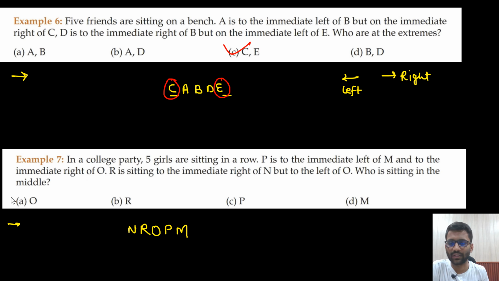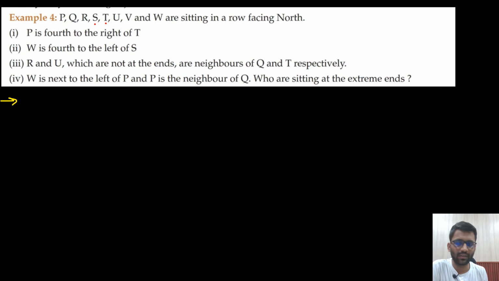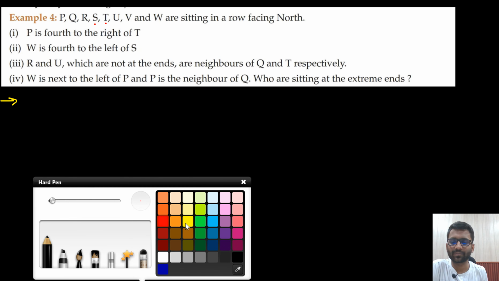In the middle, O is sitting. There are 5 girls. This is the combination. Okay. Let's see the next one.